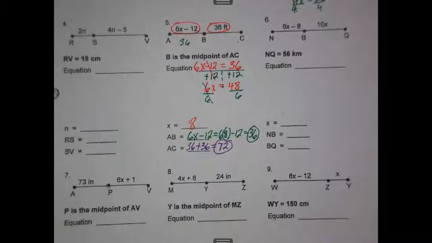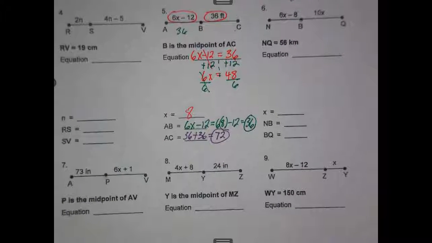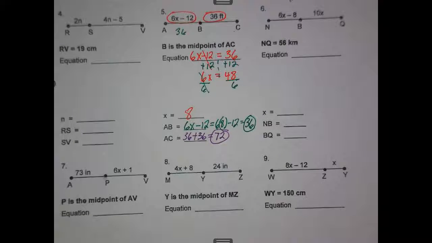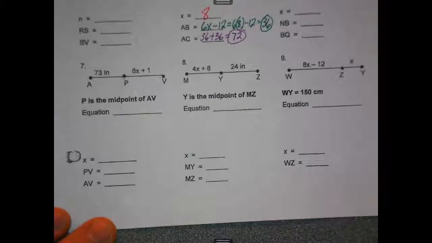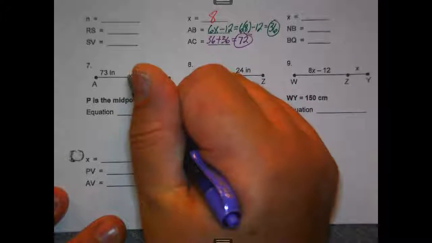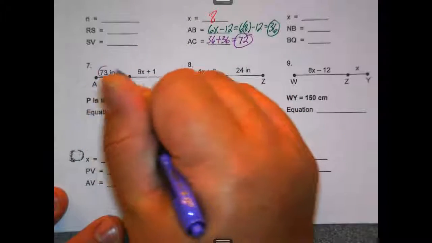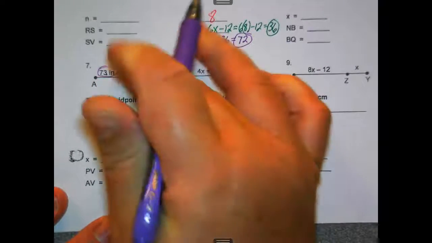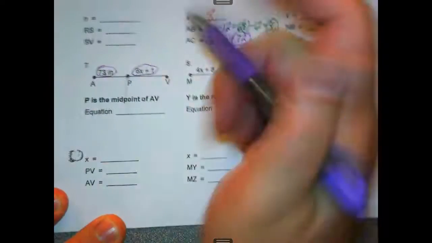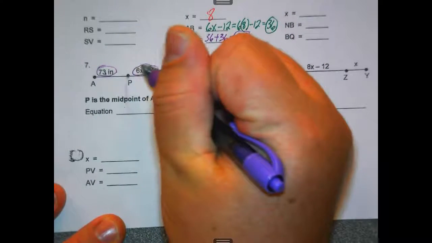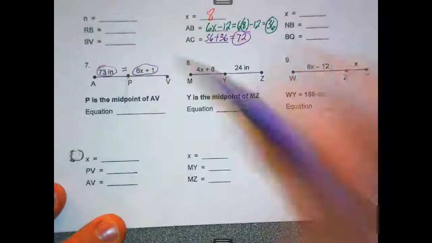Let's do number 9. Let's do 7 first. Okay, number 7. P is the midpoint. So what do I know about these two? If P is the midpoint, they're equal.